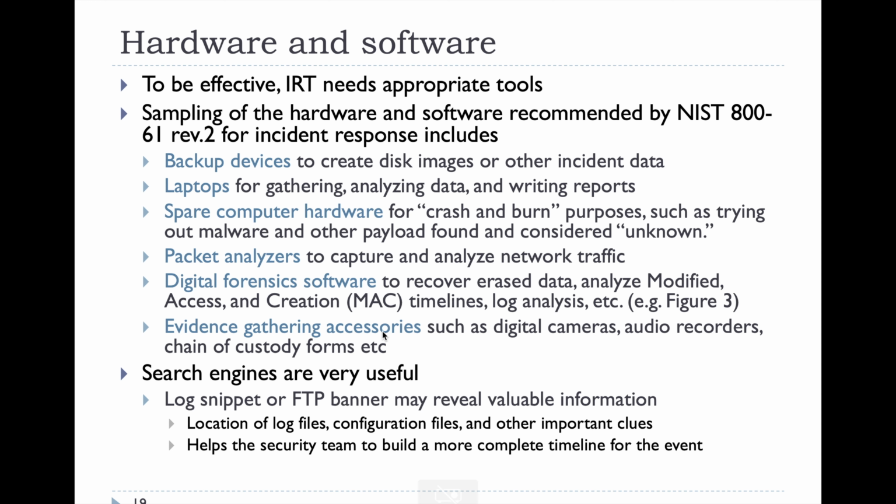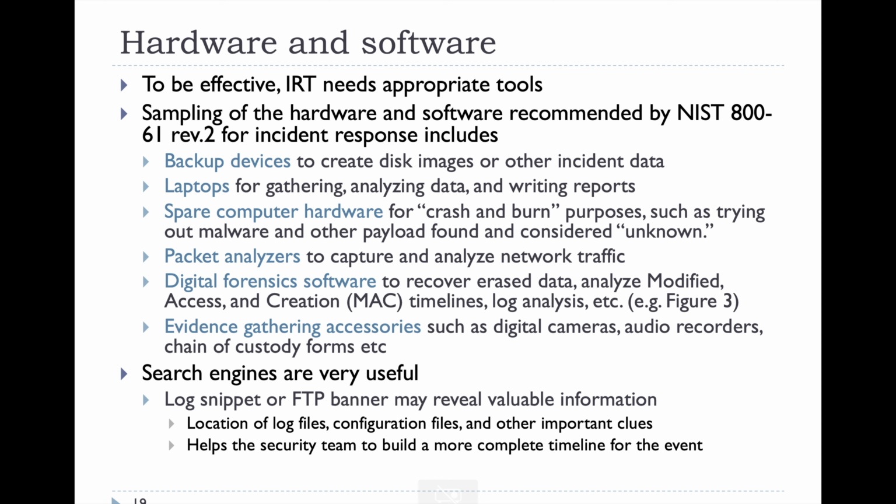Evidence gathering accessories. Evidence gathering means that during this incident response process, we don't only care about recovering the state of this organization in terms of business procedures, but also we want to know who's responsible for this incident. For example, it could be an attack.